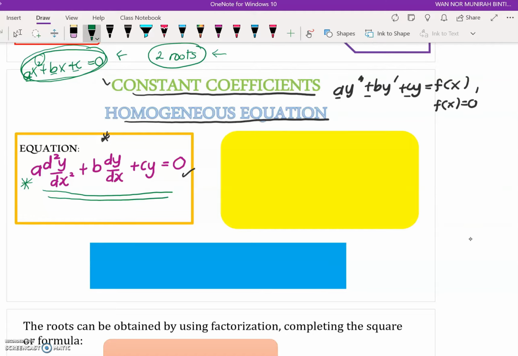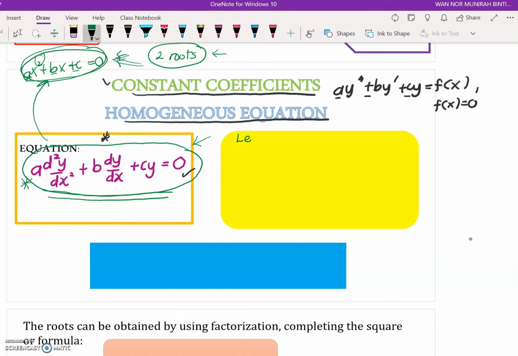So what we need to do is transform this differential equation into the form of an equation quite similar to the one we learned previously during school. In order to reduce this differential equation into something like a quadratic equation, we need to do a substitution.